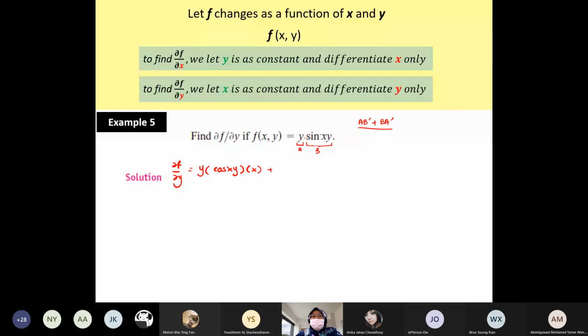Okay, so plus B, which is sine xy, multiplied with differentiate A with respect to y. So differentiating A, you get 1. So from here, you will get xy cosine xy plus sine xy. So this is how you get the partial differential of a function with respect to y.